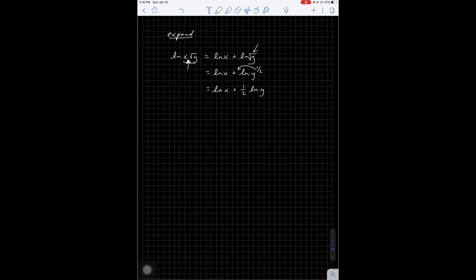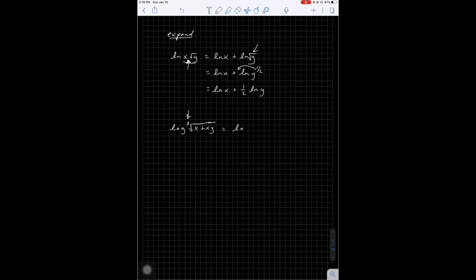All right, let's do another one. Okay, what's happening here? Well, the outside function that's happening is this cube root.